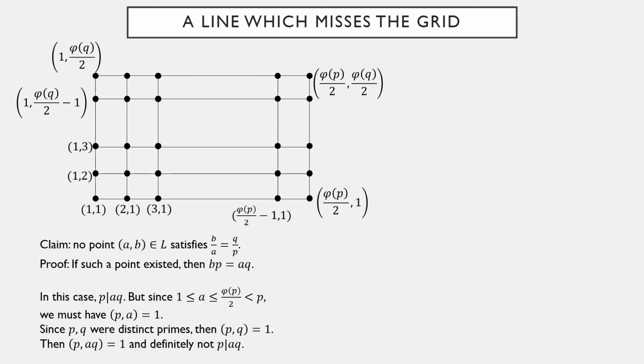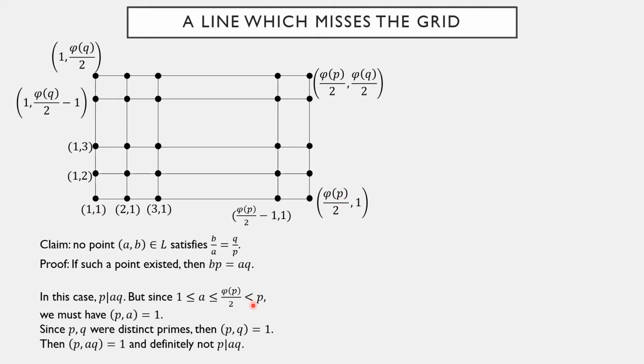I claim if I pick a point A, B in this grid, the y-coordinate over the x-coordinate is never equal to Q over P. If such a point existed, then B times P would equal Q times A. So P is definitely a factor of B times P. Since that's the same number as AQ, P would be a factor of A times Q. Now A was the x-coordinate of this point, which only is allowed to range from 1 to phi of P over 2.